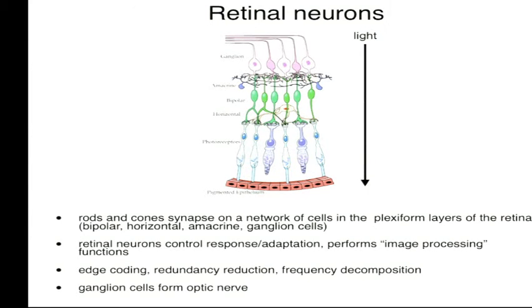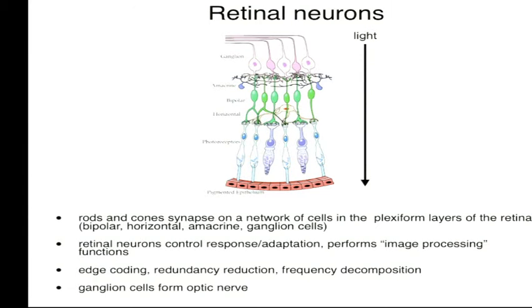Anyway, it's what we have. So this is the organization, right? The photoreceptors, the rods and the cones here, are pointed back toward the epithelium. And then they are connected to each other by a bunch of what are called bipolar cells, right? And the bipolar cells and the receptors are connected by horizontal cells.